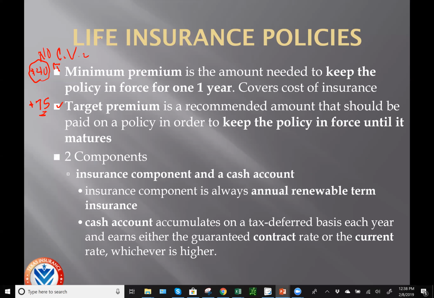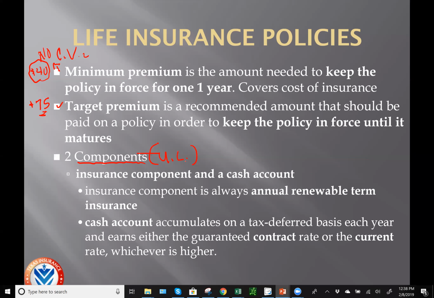Now, universal life is going to have two components to it. By the way, if you have a question asking about components, they're asking about universal life here. The first component is the insurance component. The insurance component, which is the life insurance piece, is always annually renewable term insurance.